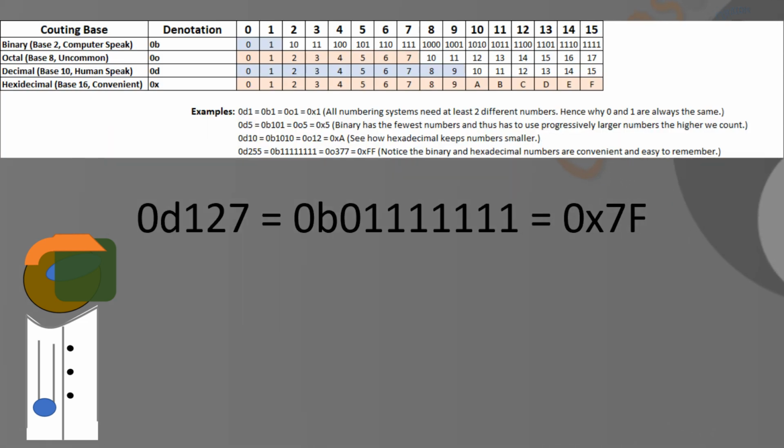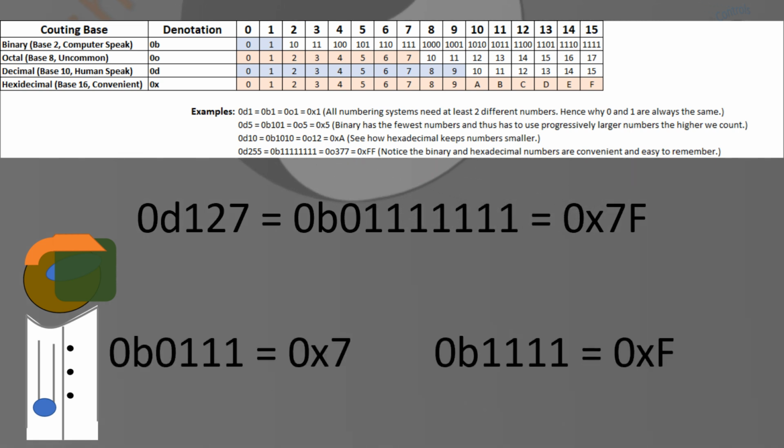If I wanted to represent it in hexadecimal, it would be 7F. And I can show you on the screen right here. This is breaking apart why that is. You'll notice that in the first 4, we have a 0, 1, 1, 1, which is 7, followed by an additional 4 ones, which is 15, or F.